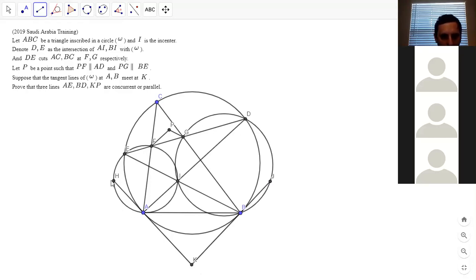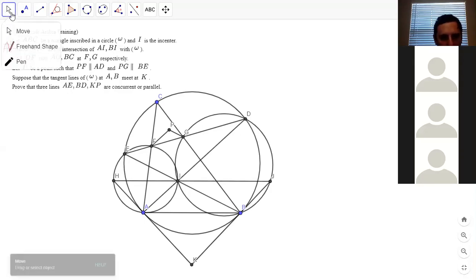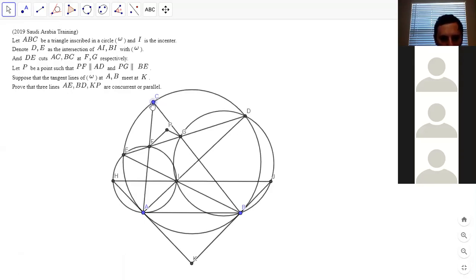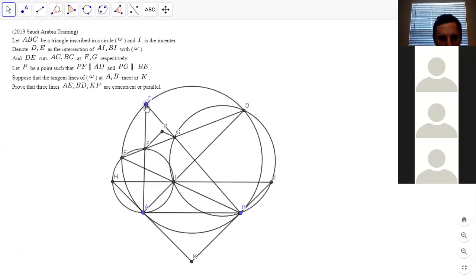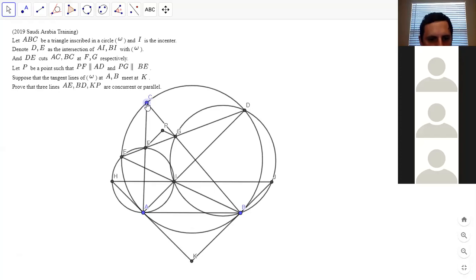It almost looks like H, I, and J are collinear. Yeah, that does look true. If that's true, that would solve it. So maybe that's just an angle chase showing H, I, and J are collinear.